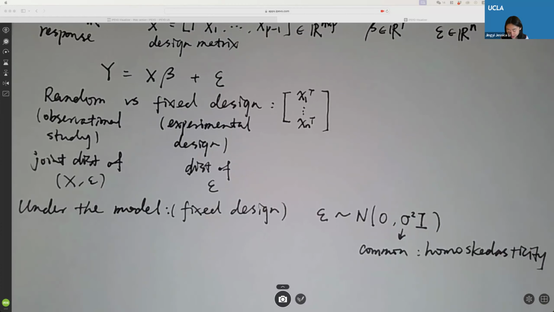If we continue, besides the bias and variance, the third property we are always interested in is the distribution of beta hat. The reason we want to know this is because once we know the distribution of beta hat, we can use it to help us guess beta.